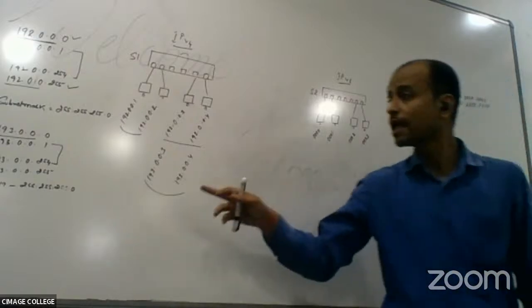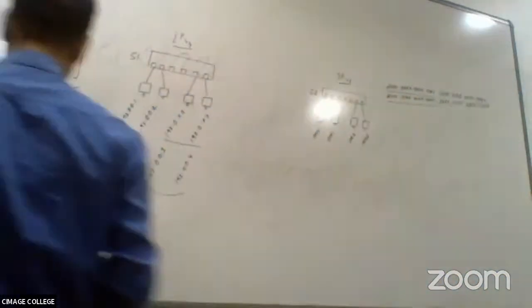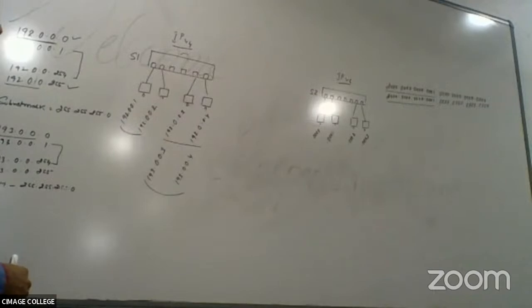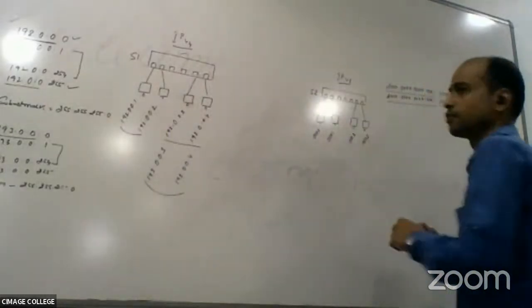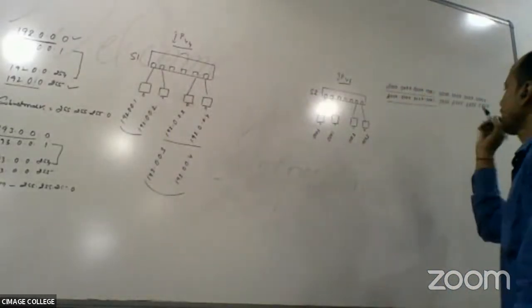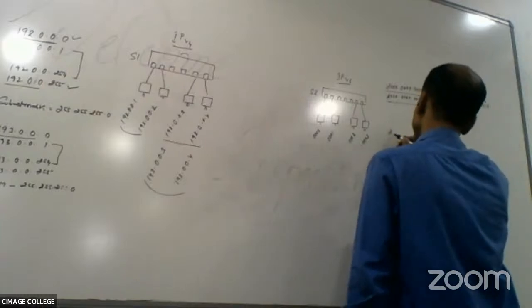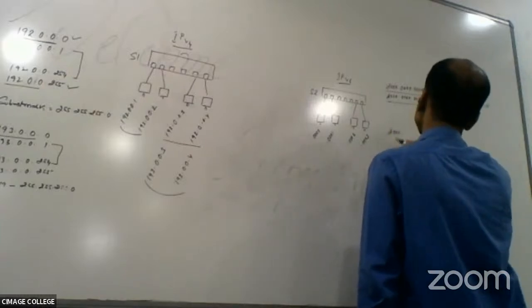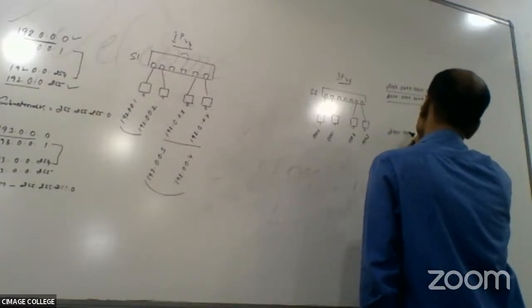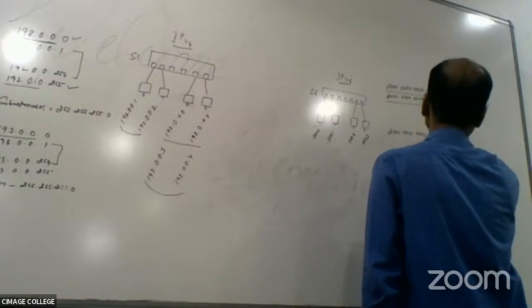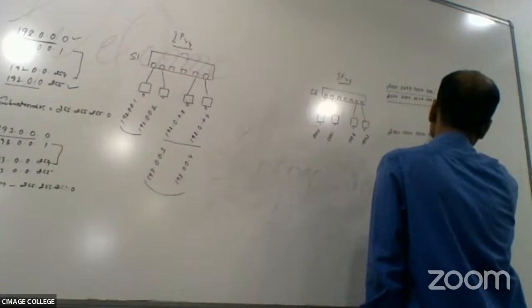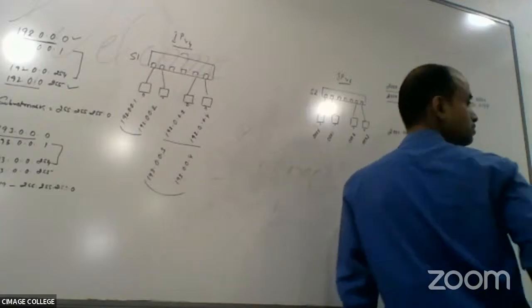Fine. As we took a second network in the case of IPv4, we will do the same thing for the IPv6 network also. Now the second network, suppose 2000 colon 1 2 3 4 dot 1 2 3 4 dot, we can take 0 0 0 2.